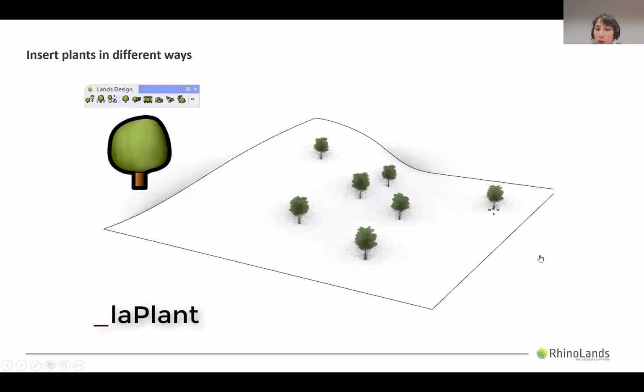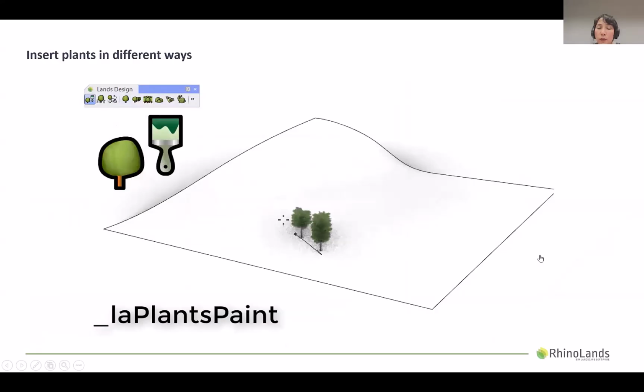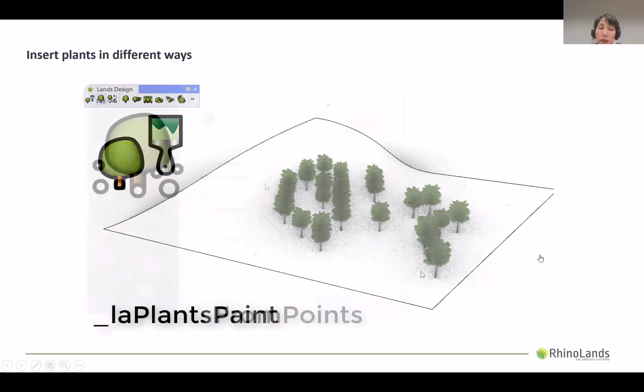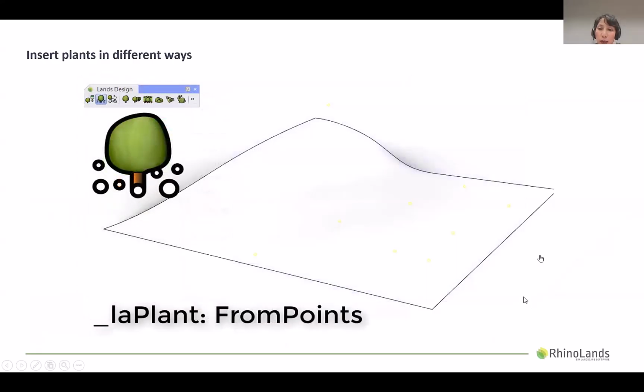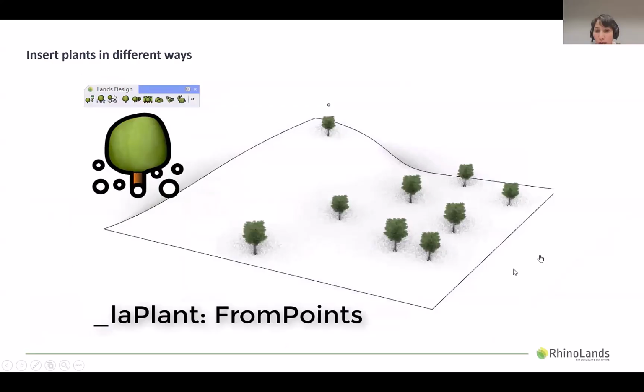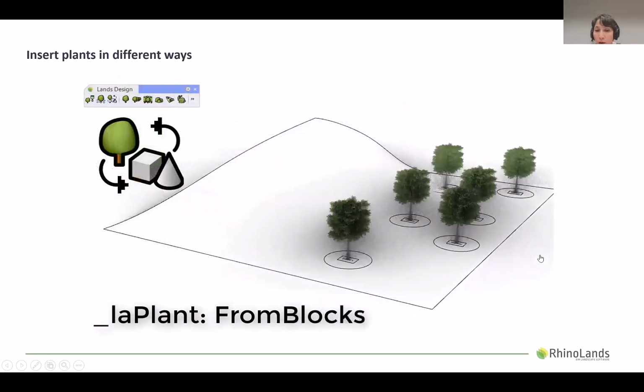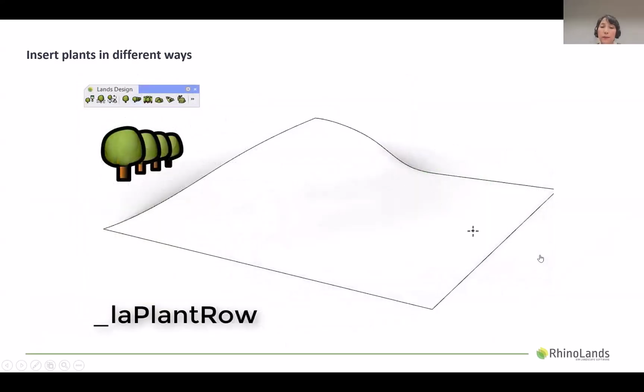For inserting plants, we can use different ways. We can insert them individually. We can insert them by moving the mouse on the plot, and the program inserts plants randomly. We can convert points to plants or blocks to plants. So if we have AutoCAD blocks or any kind of blocks, we can convert those blocks to a specific plant species in the program.